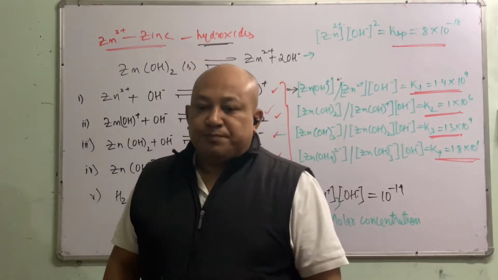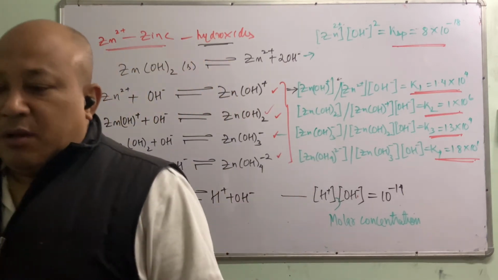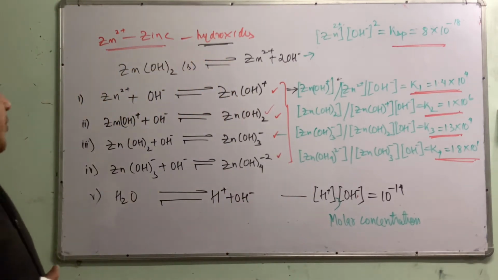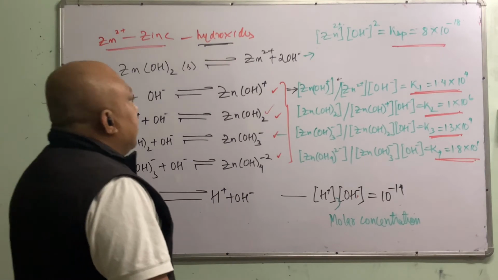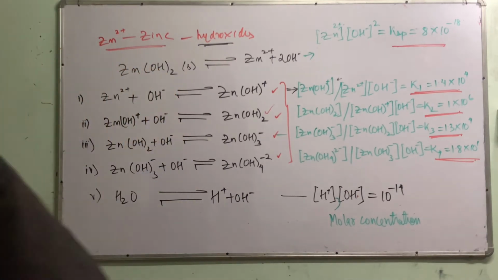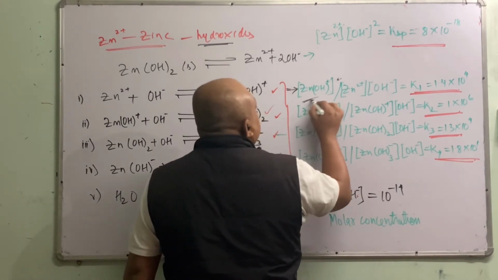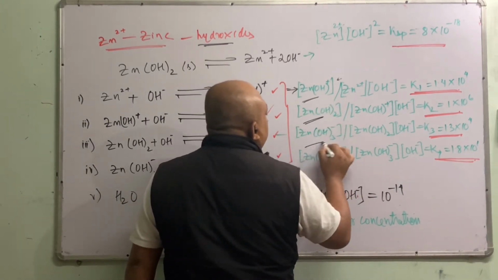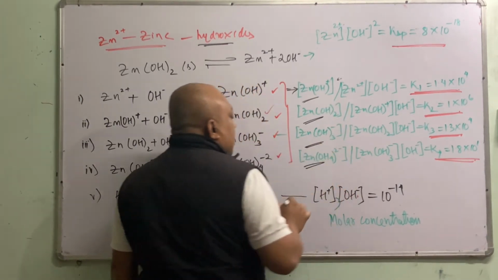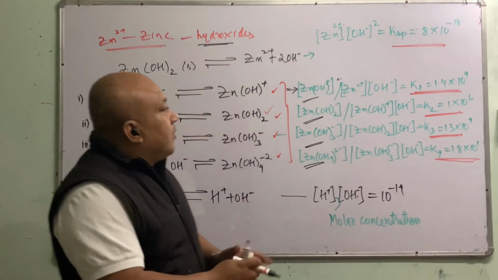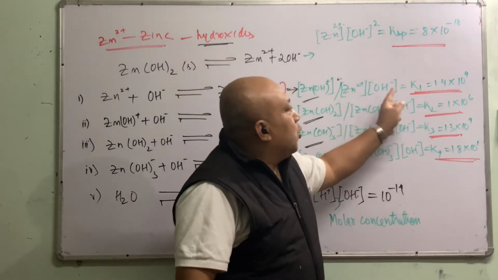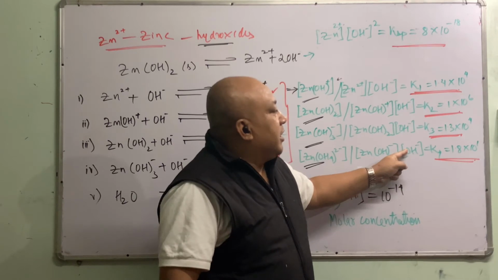Okay, now we are going to see these complexes, these ions. See, 1, 2, 3, and 4. These four ions have some value. We have OH also.